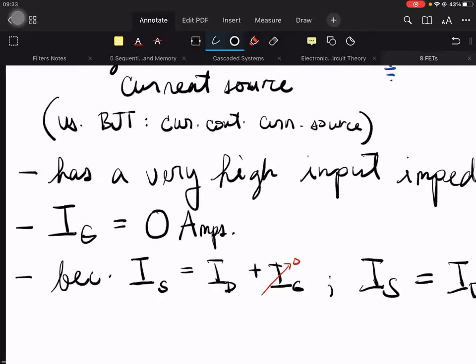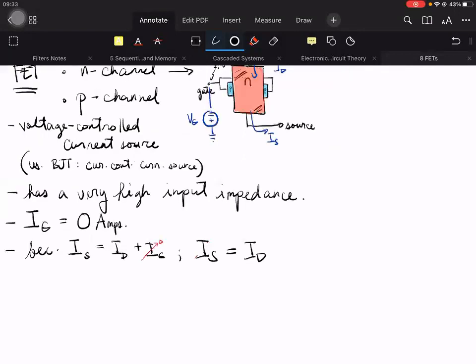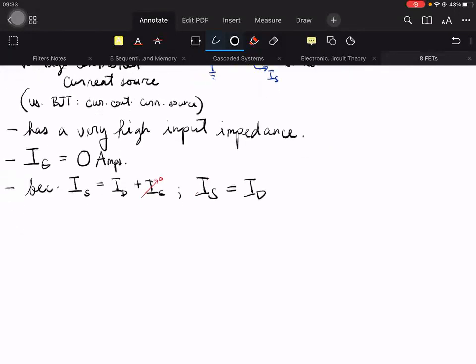IG is 0, so IS is equal to ID. Also, FETs are more temperature stable. The FET is more temperature stable as compared to the BJT.